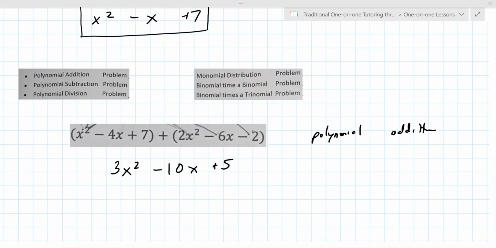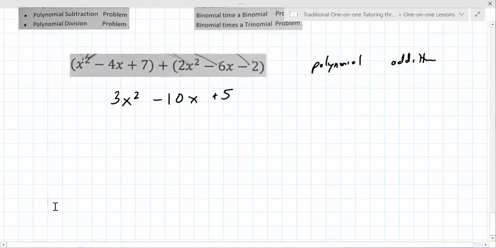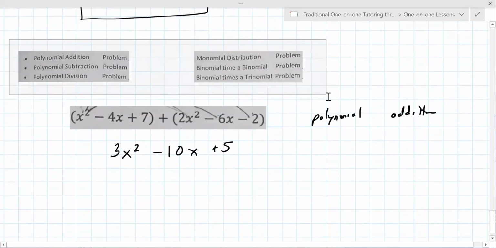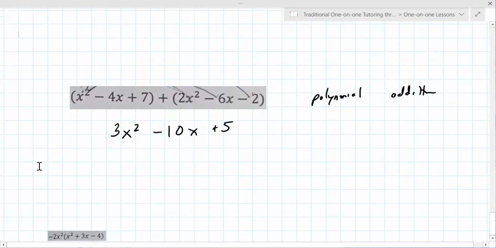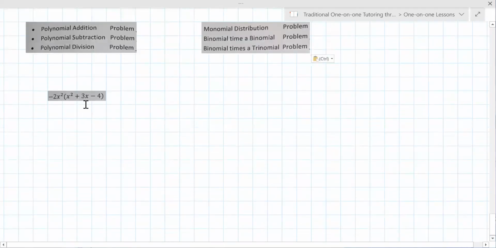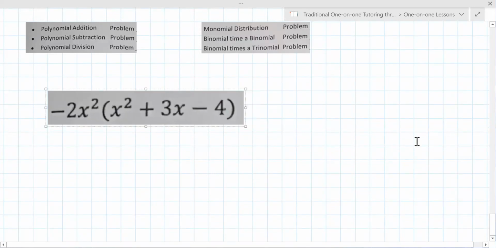All right, let's do the next one here. What say you when you see this? First of all, what's the operator?